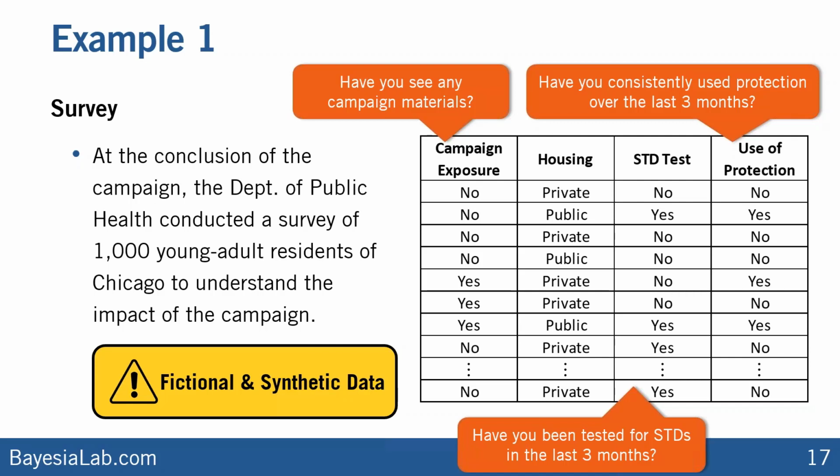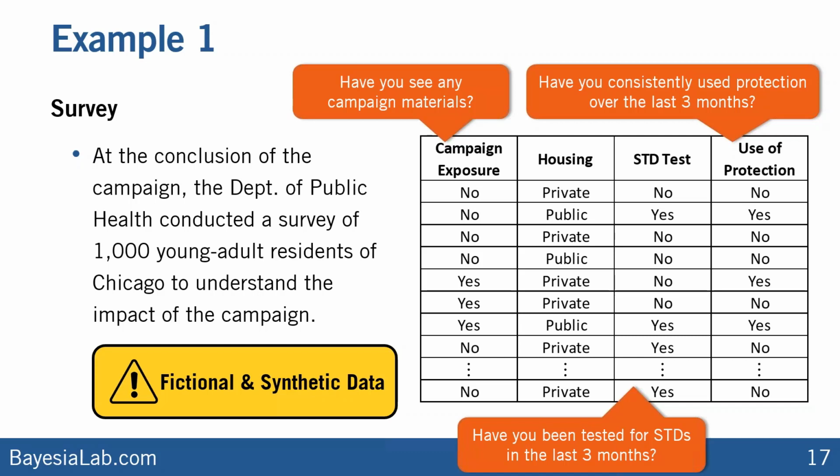At the conclusion of this campaign, Chicago Wears Condoms, the Department of Public Health conducted a survey of 1,000 young adult residents of Chicago to understand the impact of the campaign. They asked a number of questions, the first one being, have you seen any campaign materials? Just a binary variable, yes, no. The second variable, you can see in this table to the right, is about housing, where people live, public versus private.